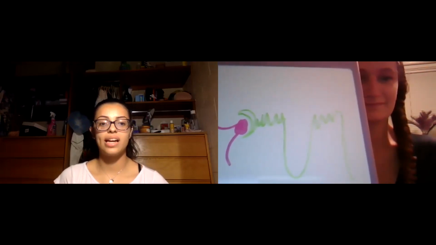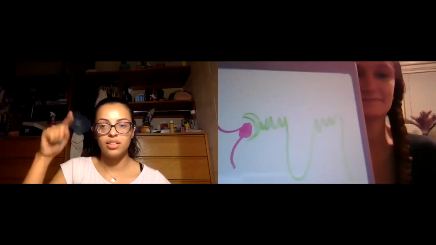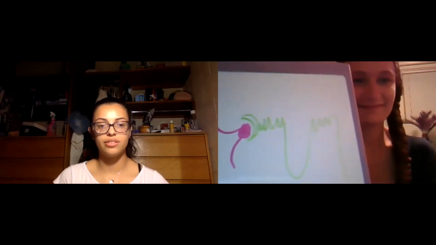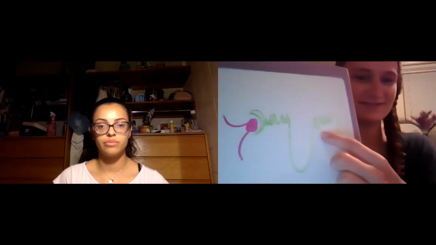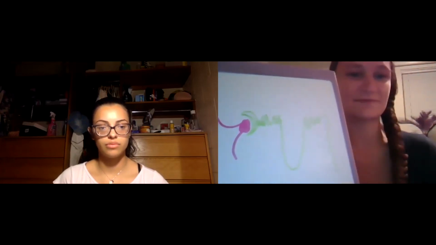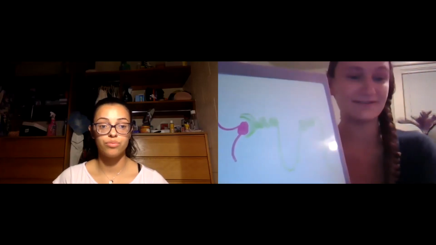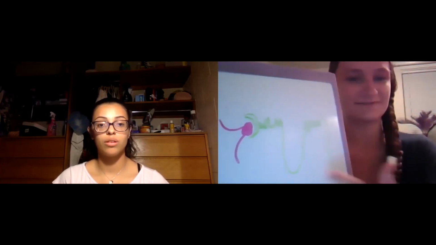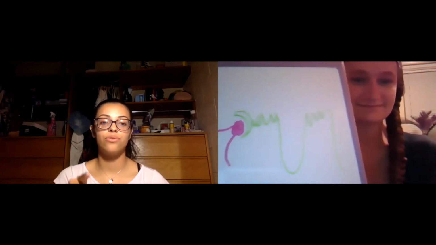Is that the one that comes right after the proximal one, the squiggly part before the big loop? Yep, so this side is your distal one, and over here is your proximal one. Proximal means close, so proximal is close to the glomerulus, and distal is far away. Oh, that helps me because I was confused.